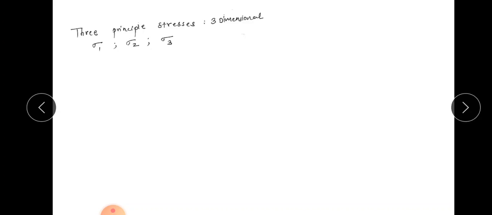A complex state of stress is a state where at some point stress is acting in all three directions, and all types of stresses originate, like tensile stresses, compressive stresses, shear loads, bending moment, torsional moment, etc. Whatever the situation, all complex states of stresses can be expressed in terms of three principal stresses, which are sigma 1, sigma 2 and sigma 3.